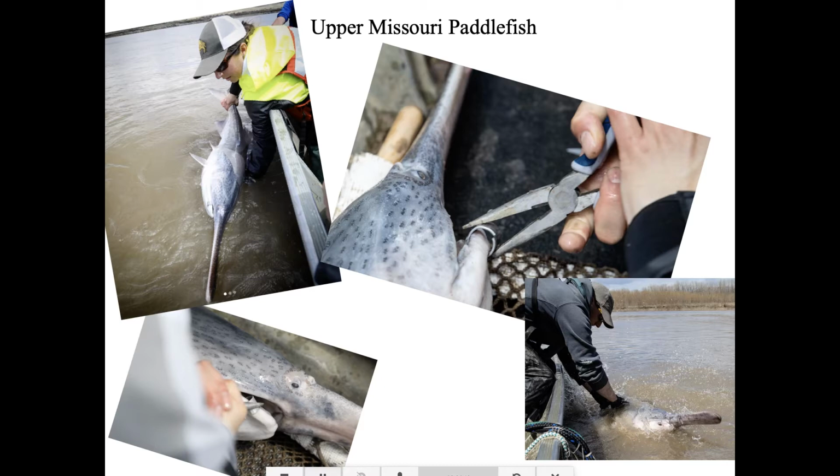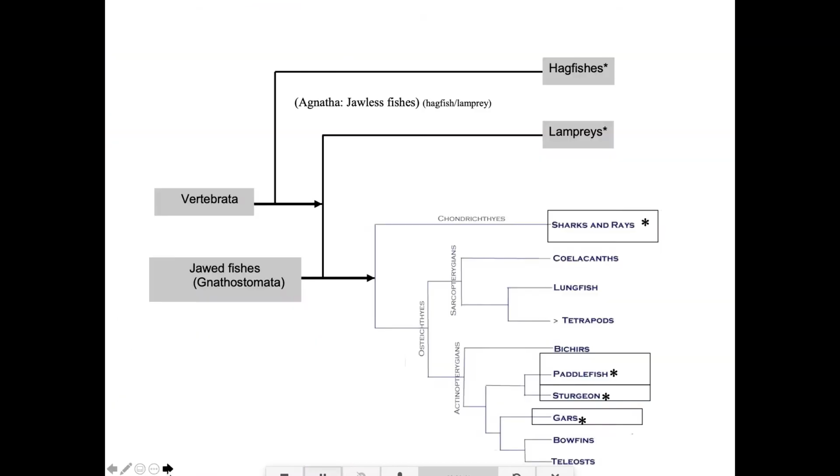And with all of that hard work, we were able to use mark recapture models in order to estimate abundance and survival for this population. And these are important metrics because this is a harvested population. So this will hopefully help Montana Fish, Wildlife, and Parks to continue to have this sustainable fishery in the future.